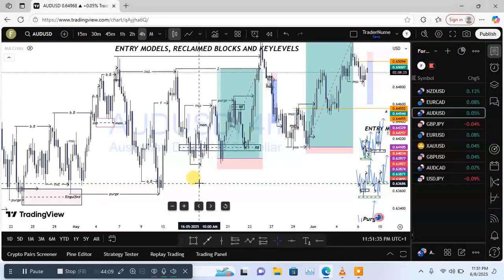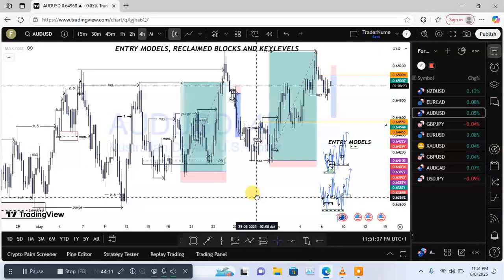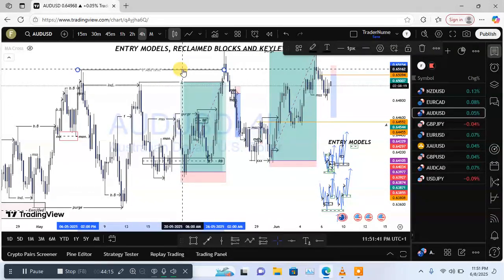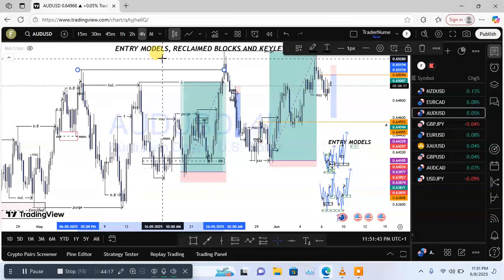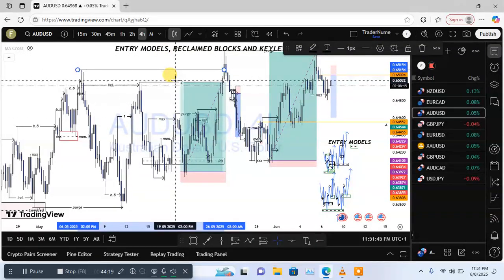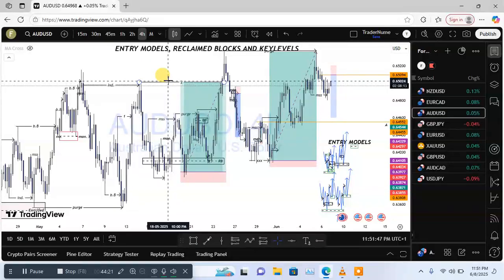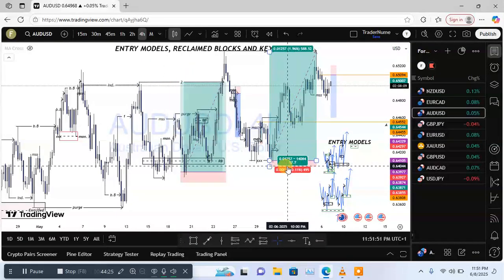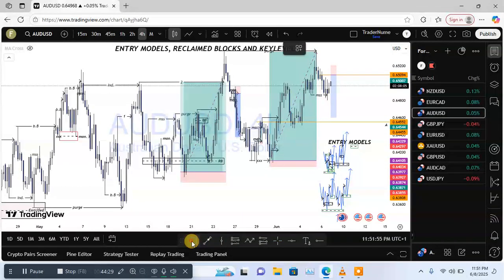Okay, I think that is not even the break. This is the break here. This is not it. But after the purge, that was the break though. This one I marked too. Right, that's the break. So after that break of structure on the 4 hours, normally we will just mark our discount zone.